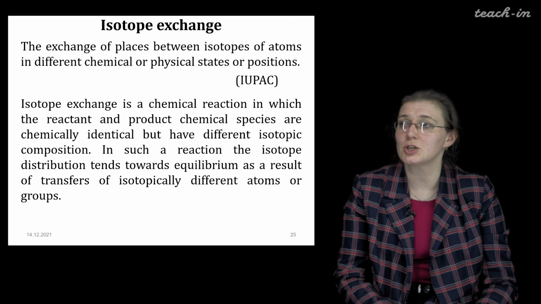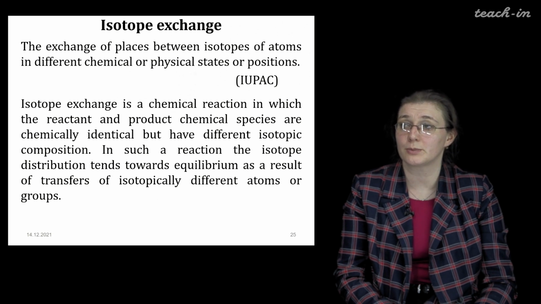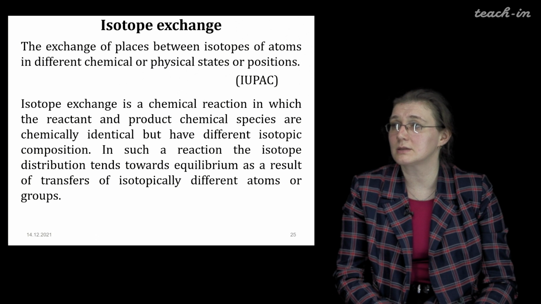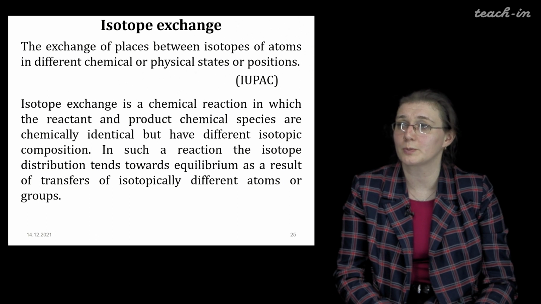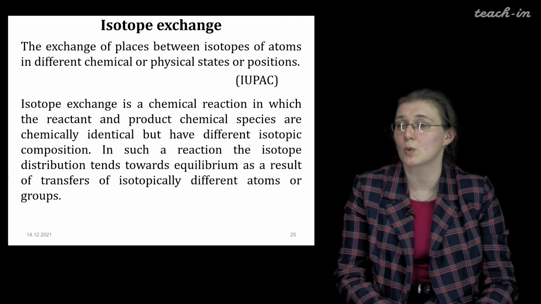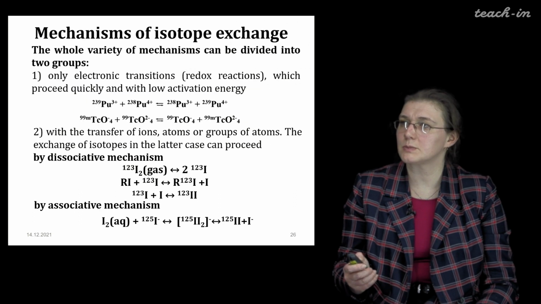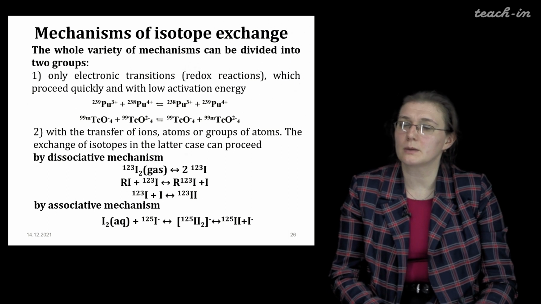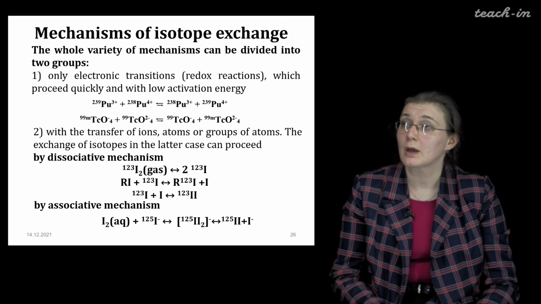So isotope exchange is a chemical reaction in which reactant and product chemical species are chemically identical but have different isotopic composition. In such a reaction, the isotope distribution tends toward equilibrium, as a result of transfer of isotopically different atoms or groups.